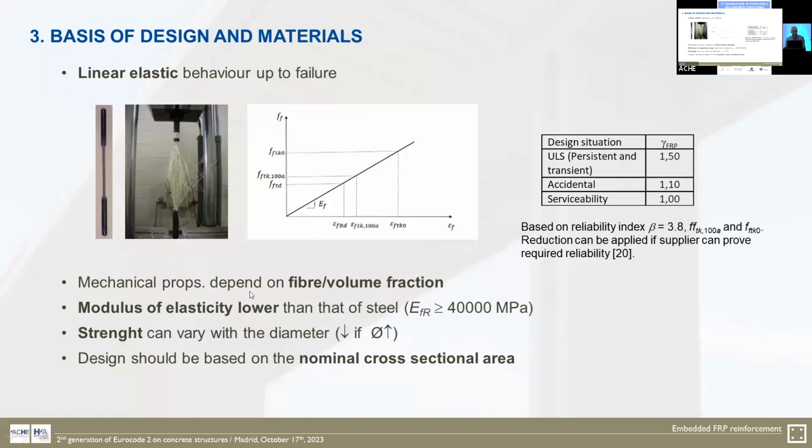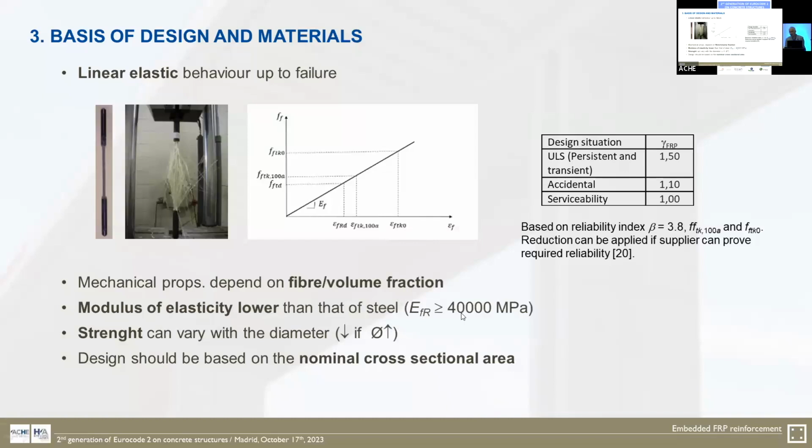The mechanical properties depend on fiber volume fraction. And you may find many different products depending on the supplier and the manufacturer. So at that moment, we should be aware that we may have very different properties. The modulus of elasticity is lower than that of steel. Annex R says that it must be larger than 40 gigapascals.